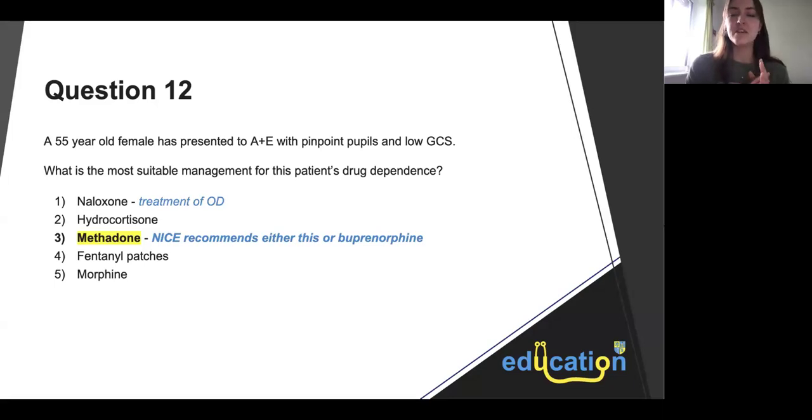But the question is asking more broadly, what would we give in the long term for a patient like this? So yes, they have presented to A&E and they would be getting naloxone, but long term, NICE recommends either methadone or buprenorphine for reducing the patient's dependence on opioids. Any questions about that? If not, I will move on.